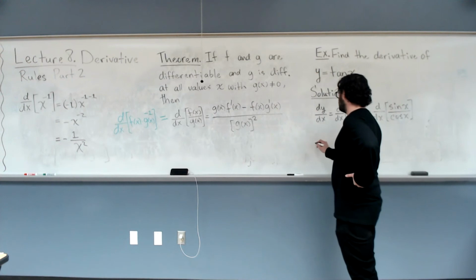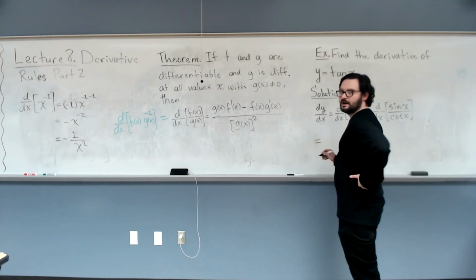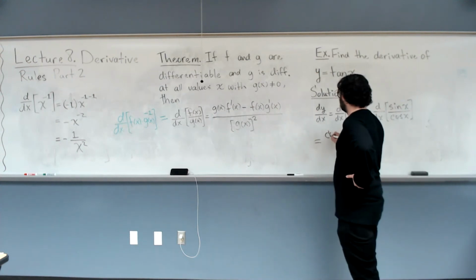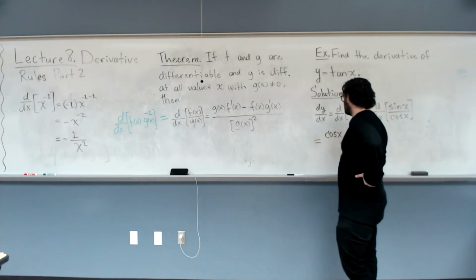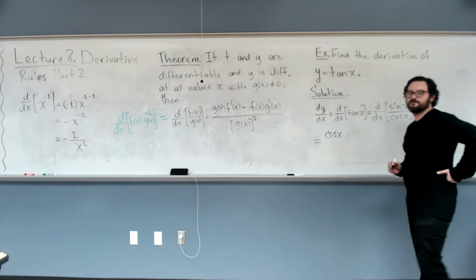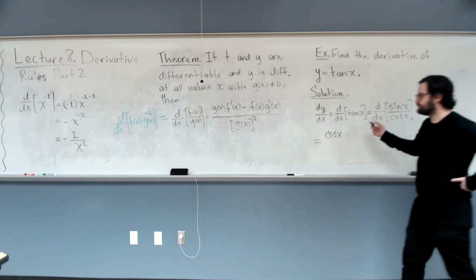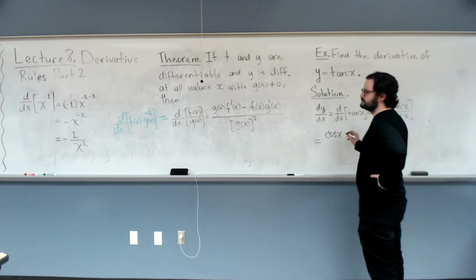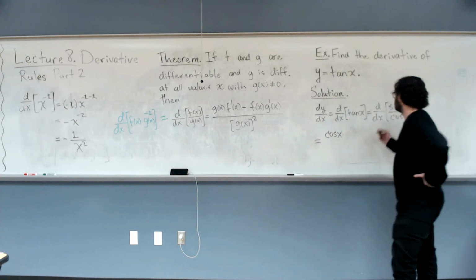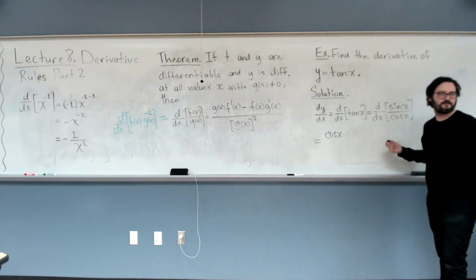So this is equal to the denominator times the derivative of the numerator, which is, the derivative of sine is just cosine, right? Cosine.